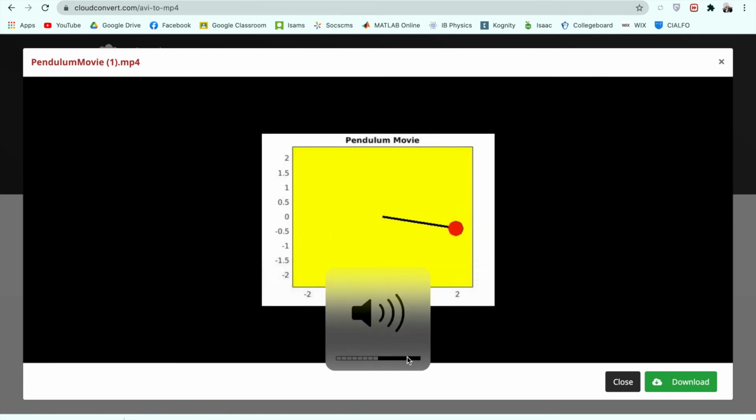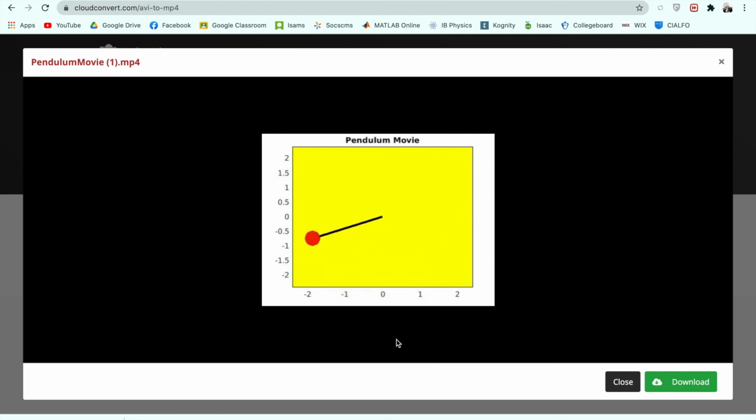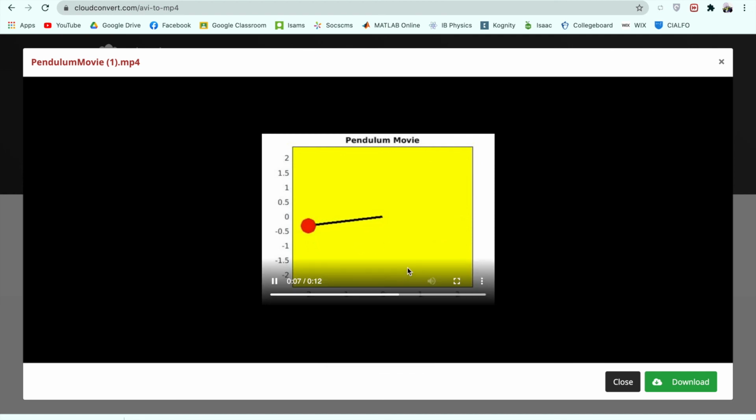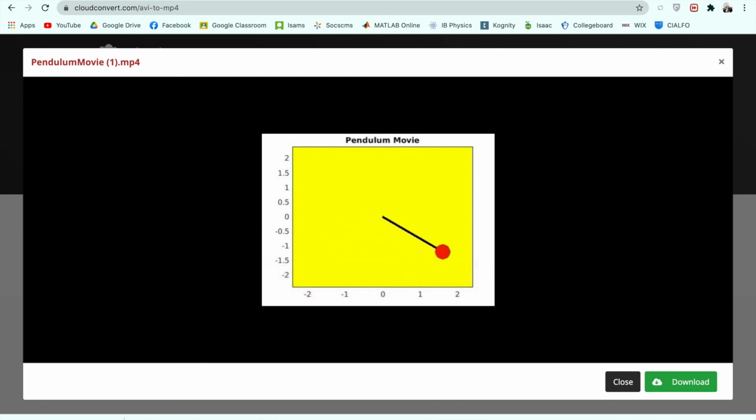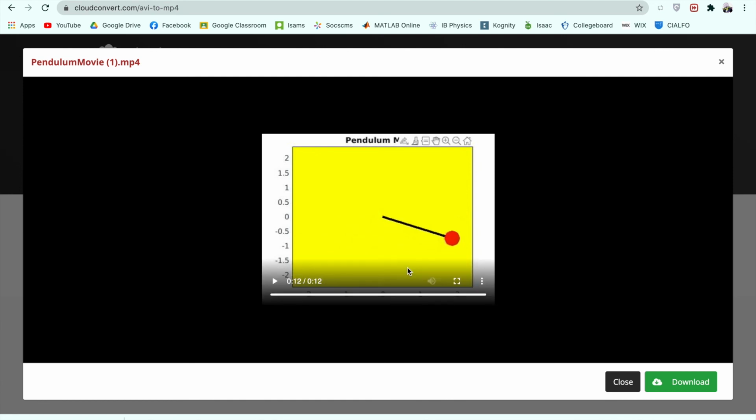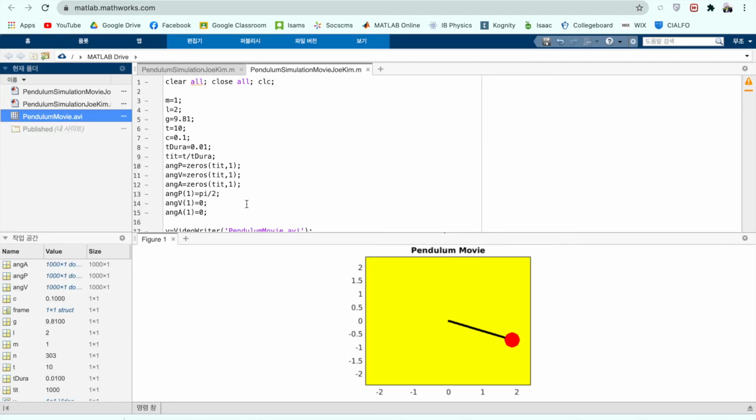So this is a 12 second long video, and you can see the pendulum works. And because I only ran this video for 10 seconds, it doesn't really show how this retarding coefficient would have an effect on the system.